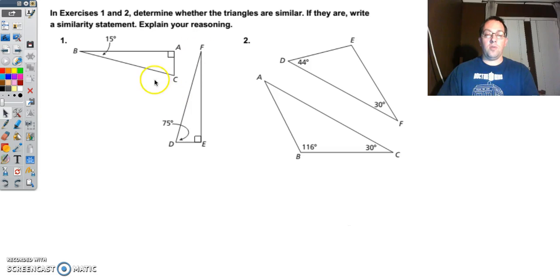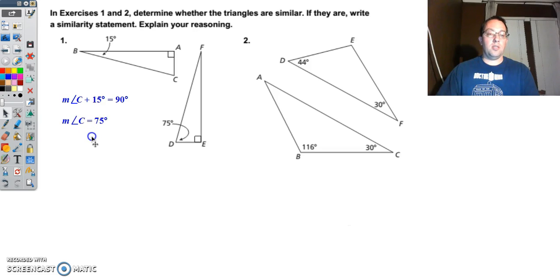If we can do either one of those, we don't have to do both, just one of them, and that'll get it done. So let's take a look at triangle ABC. We know that the measure of angle C plus the measure of angle B has to be 90 degrees, right? Because the acute angles of a right triangle are complementary.